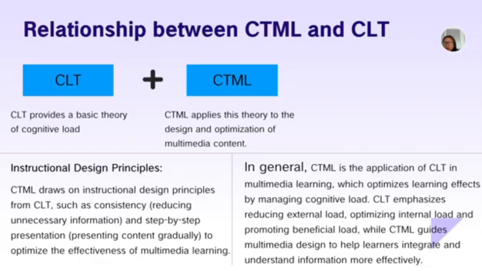In general, CLT provides a theoretical basis for the management of cognitive load, while CTML applies these theories to the multimedia environment to optimize learning outcomes.